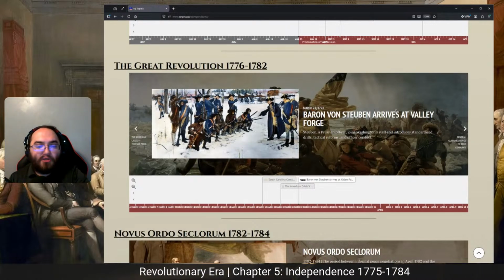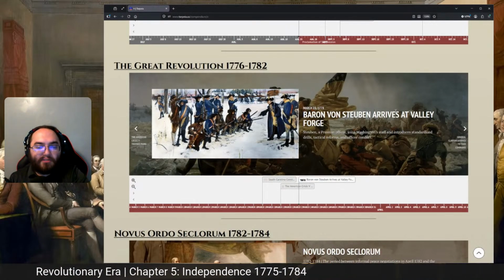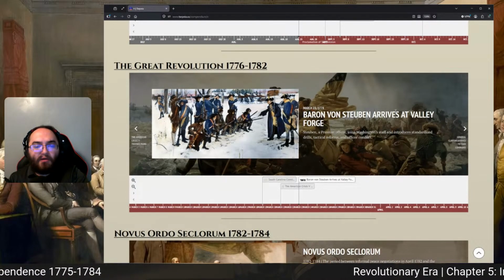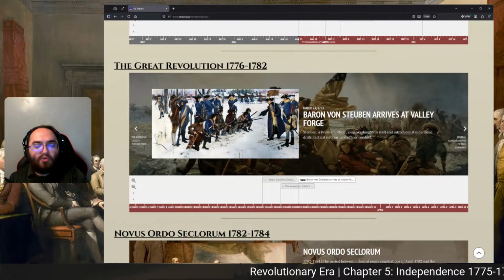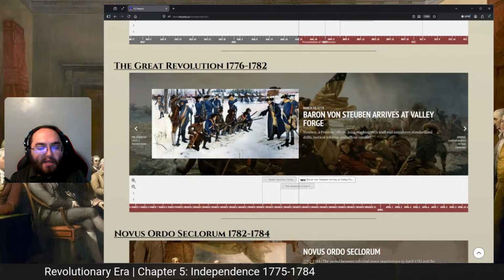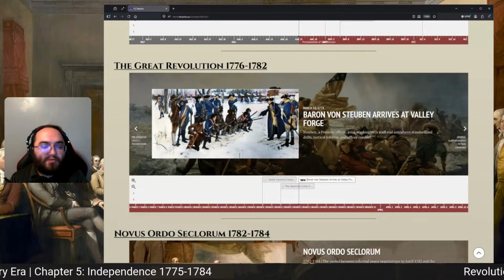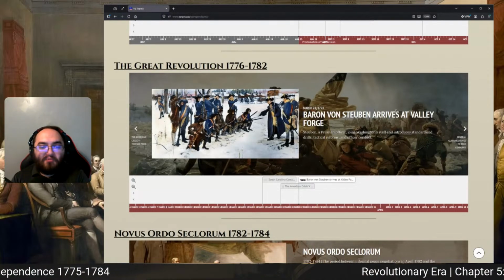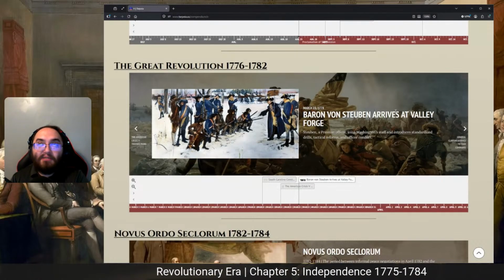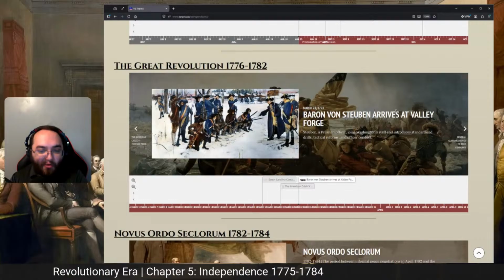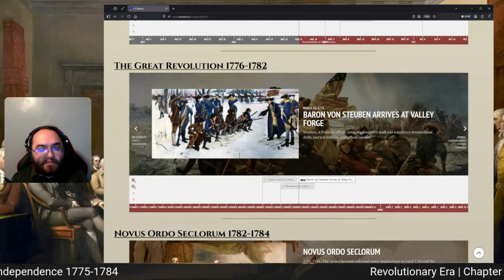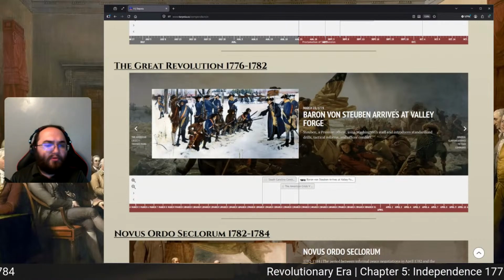He is a Prussian officer, and he will join Washington's staff, and he will standardize drills, tactical reforms, and officer conduct, which will turn Washington's ragtag Continental Army into a more professional fighting force. And so Baron von Steuben is a very important person in the historical tradition of the army. He'll create things like the Blue Book, which is still used by the army today, although it's been rewritten.